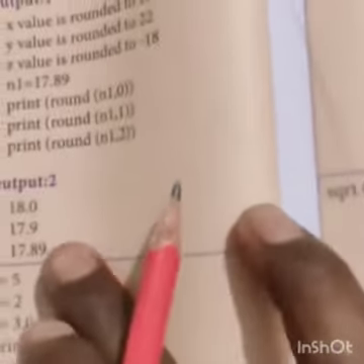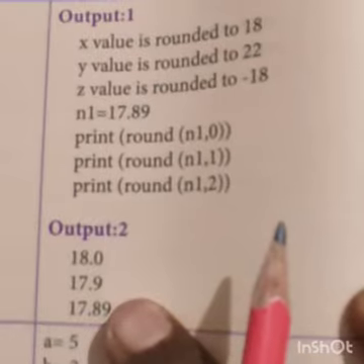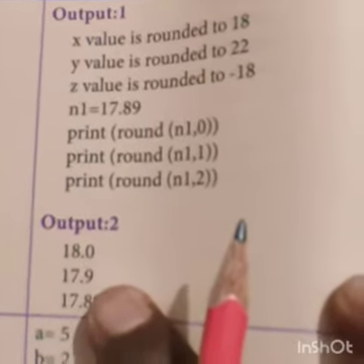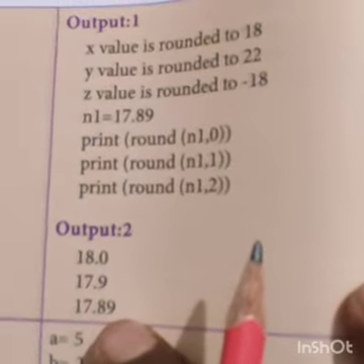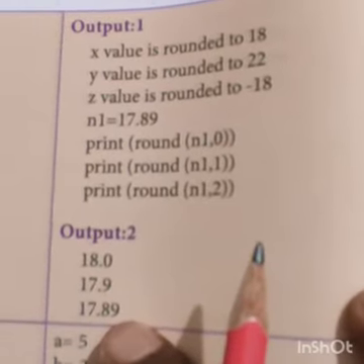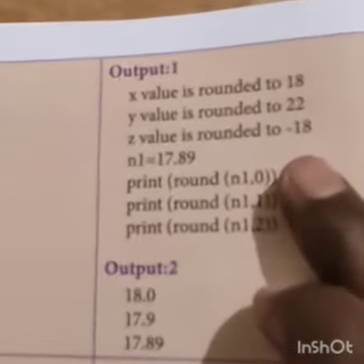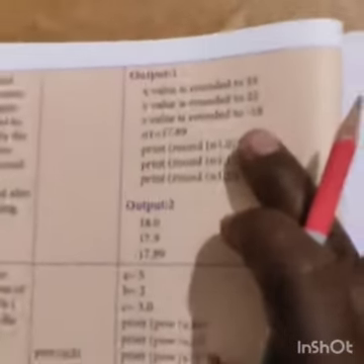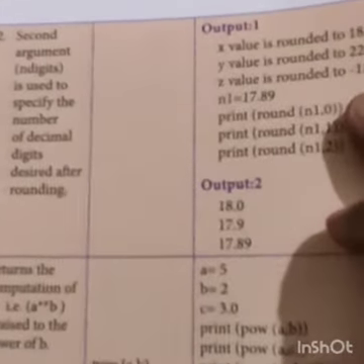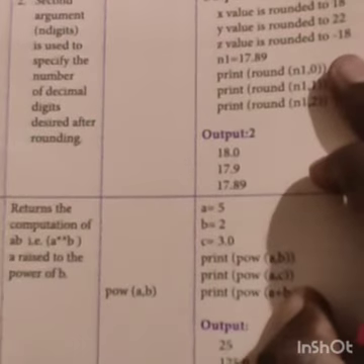That is called round. Second time, 17.82 is the output, and minus 18. So the nearest number, that you can print.